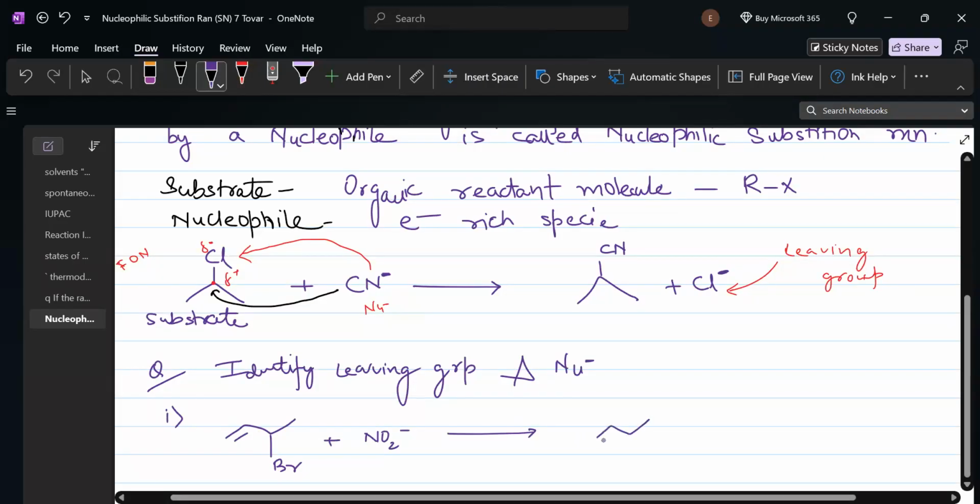You have to identify the leaving group and what is the nucleophile here.